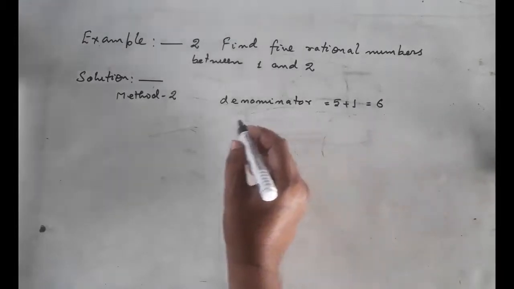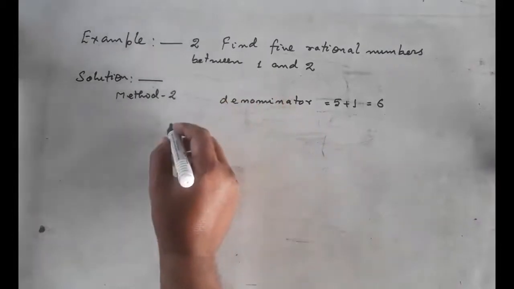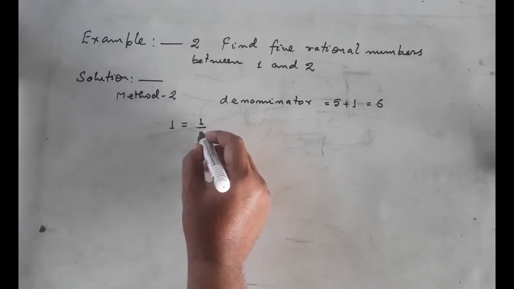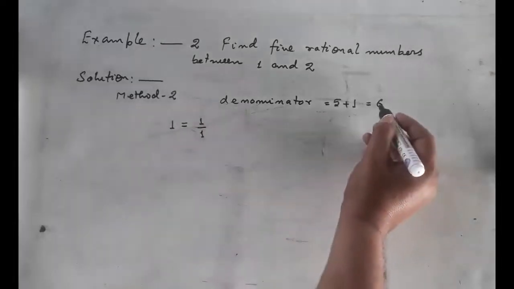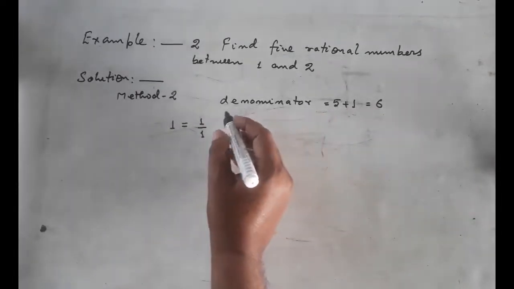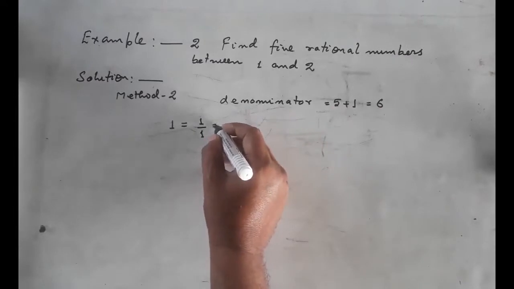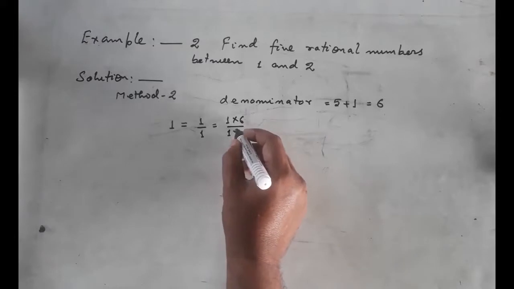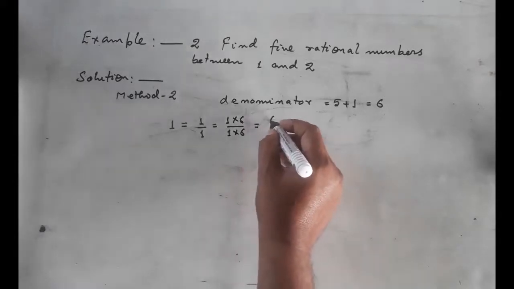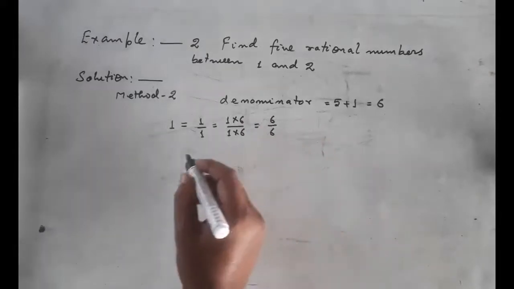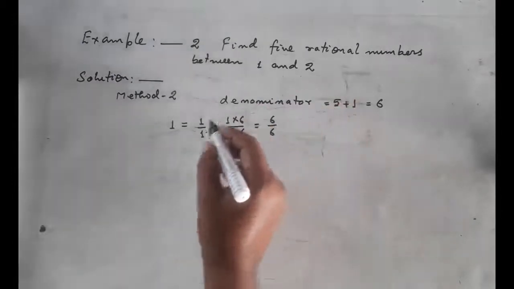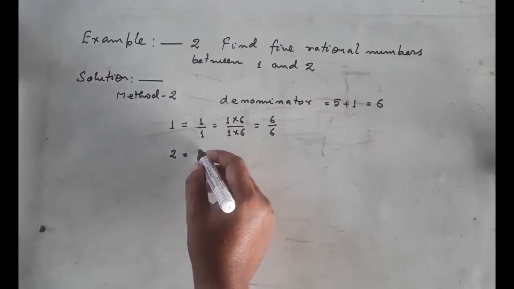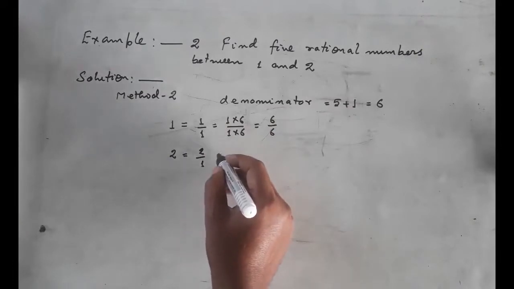This is the method. Your first number is 1. 1 can be written as 1 by 1. On multiplying by this denominator, you can find 1 into 6 by 1 into 6, that is 6 by 6. And your next number is 2. 2 can be written as 2 by 1.